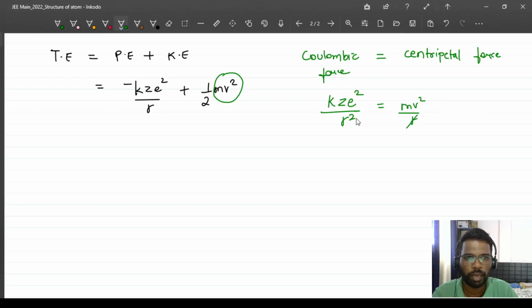So this r and this r will get cancelled. Means what I am writing over here is mv² will be equal to kZe² by r.